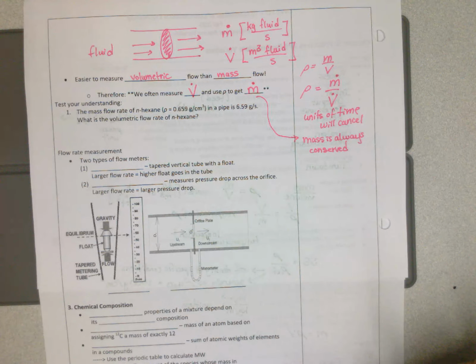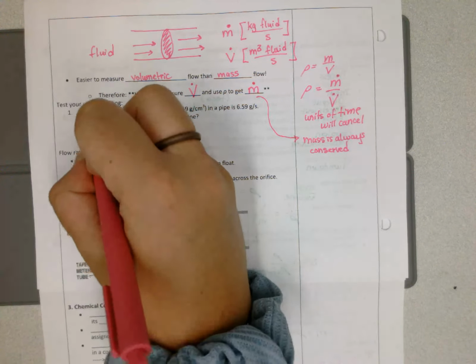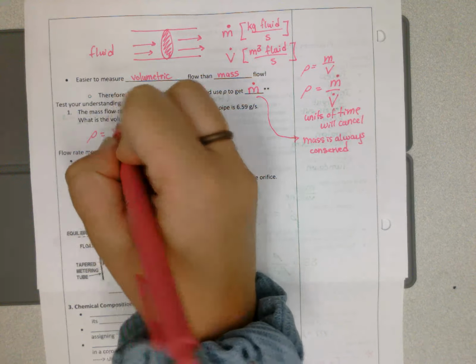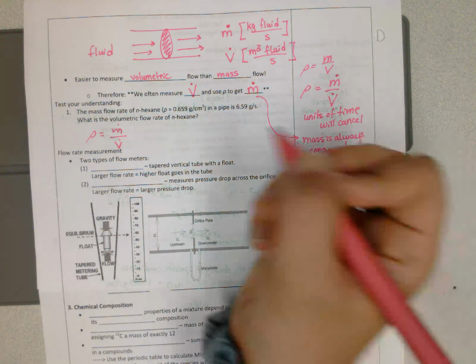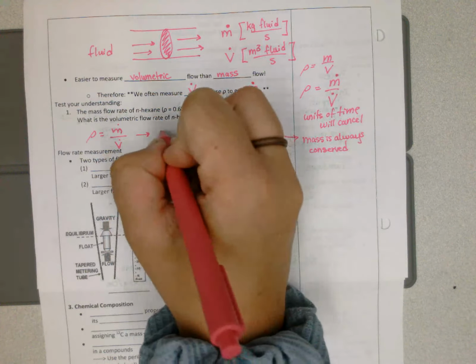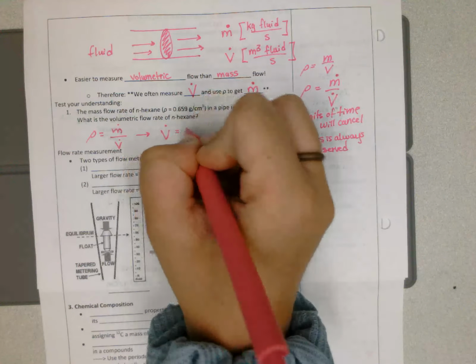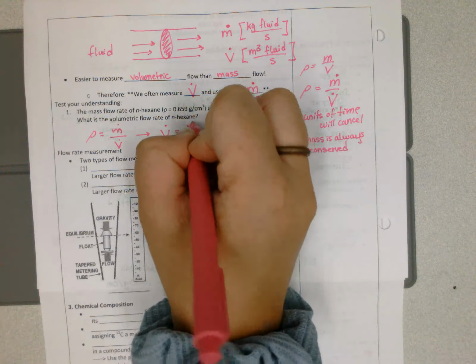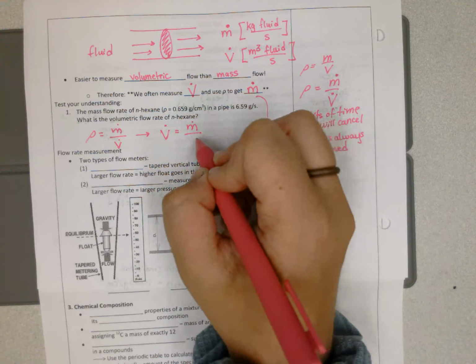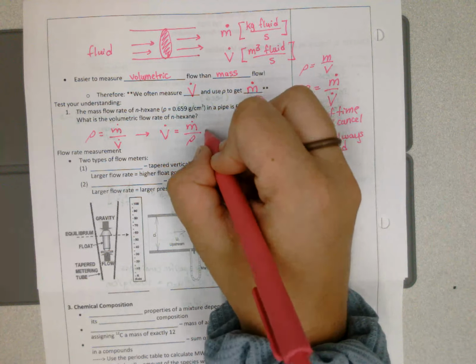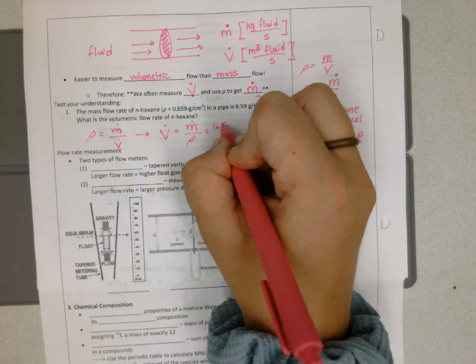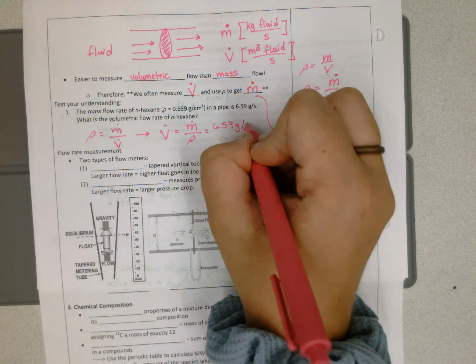All right, hopefully you paused that video. We know that density is equal to mass flow rate divided by volumetric flow rate. So if we're trying to find the volumetric flow rate of something, we can rearrange that equation to say that the volumetric flow rate is equal to the mass flow rate divided by the density. We have both of those numbers. We have 6.59 grams per second.